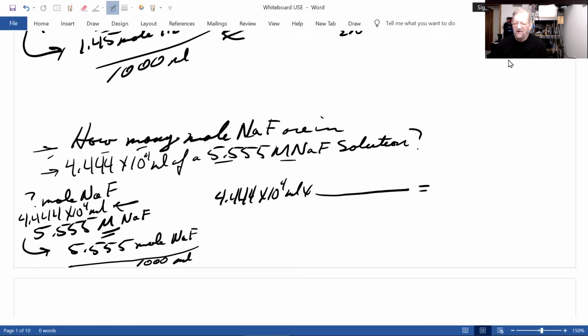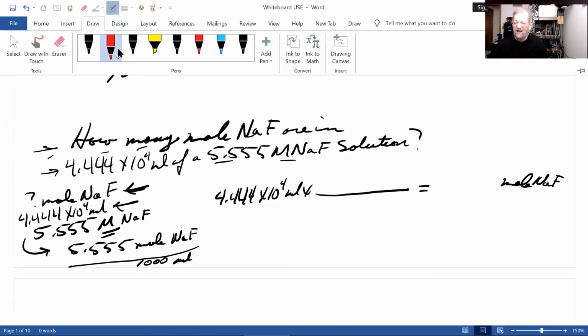If I could convert it, what units do I want my answer to be? Well, we took time to figure that out. Moles sodium fluoride. And now I'll use my good friend, unit analysis.